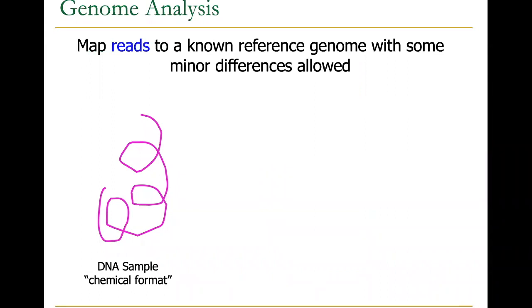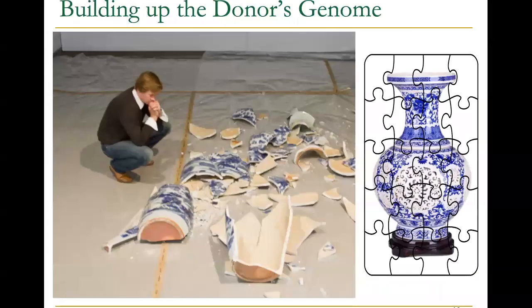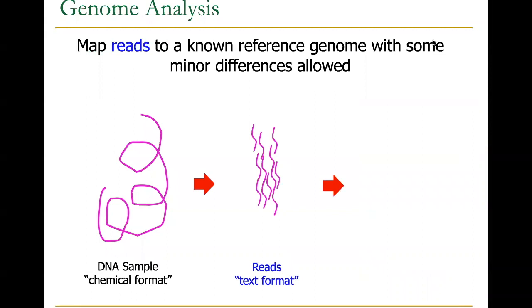So these reads might come from a single source, let's say the human genome. So we take this sample, which is in chemical format. We cannot understand it, cannot easily compare chemicals to chemicals and see the differences. So we convert it into text format, which are the reads, and we cannot do better than that.